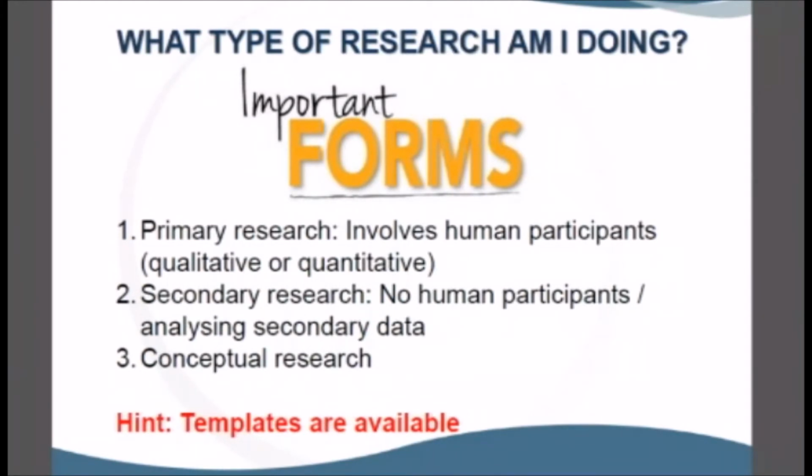Another researcher found this. So you are taking the already published articles, for example, and then you come up with a new article and new finding. So that is conceptual research. That is normally not that challenging to get ethical clearance for. And we use Form 3 to apply for that.